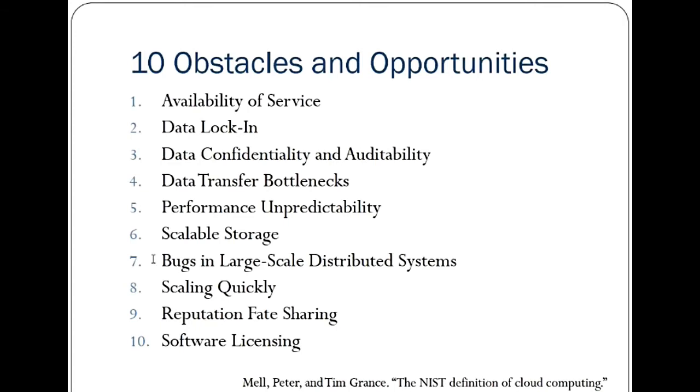All these are programming faults. And then scalable storage, like how it is possible to have a scalable storage on the cloud server side. Then bugs in large scale distributed system. As I already told you, some errors could be possible in maintaining large scale distributed system.